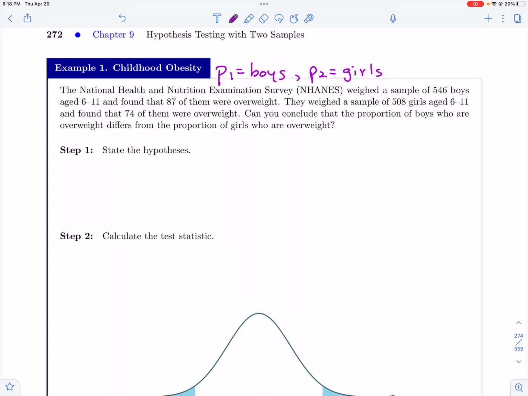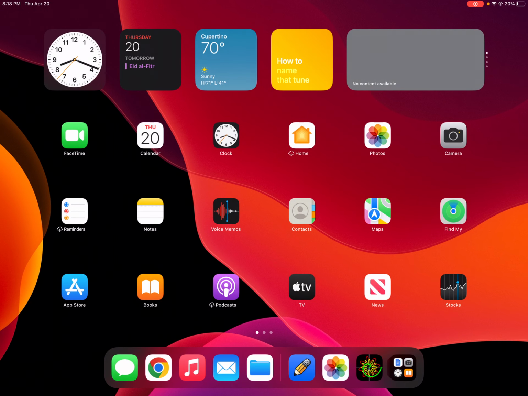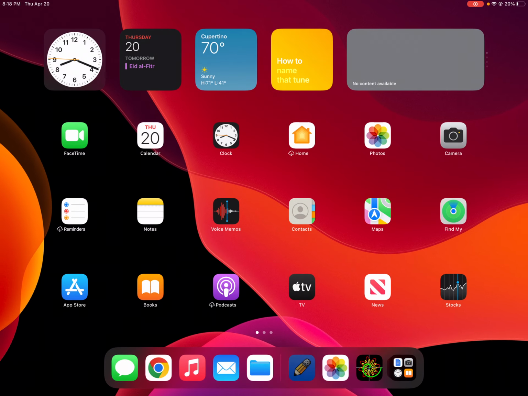So let's identify all the different pieces that we have. Our X1 is going to be our 87 boys. Our N1 is going to be our 546 boys. So our P1 hat is going to be 87 over 546. If we type that into the calculator, looks like we get 0.159 for our P1 hat.